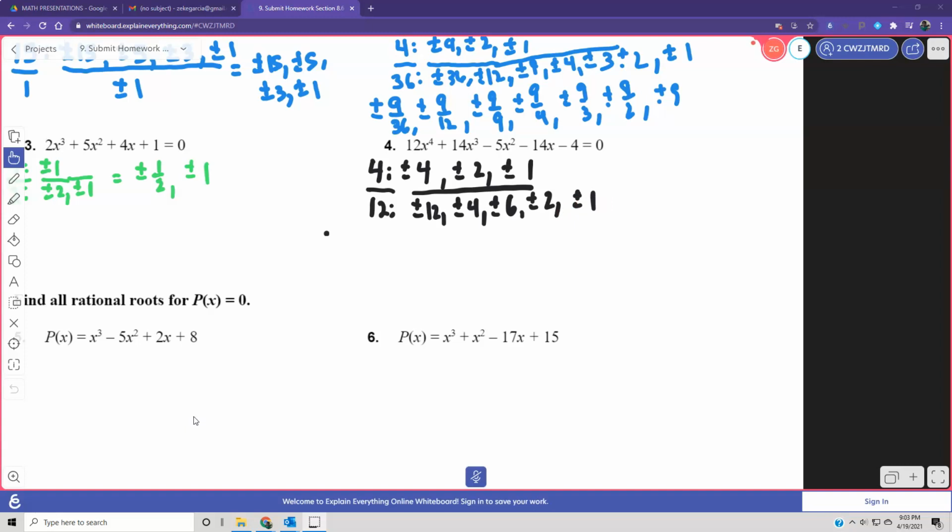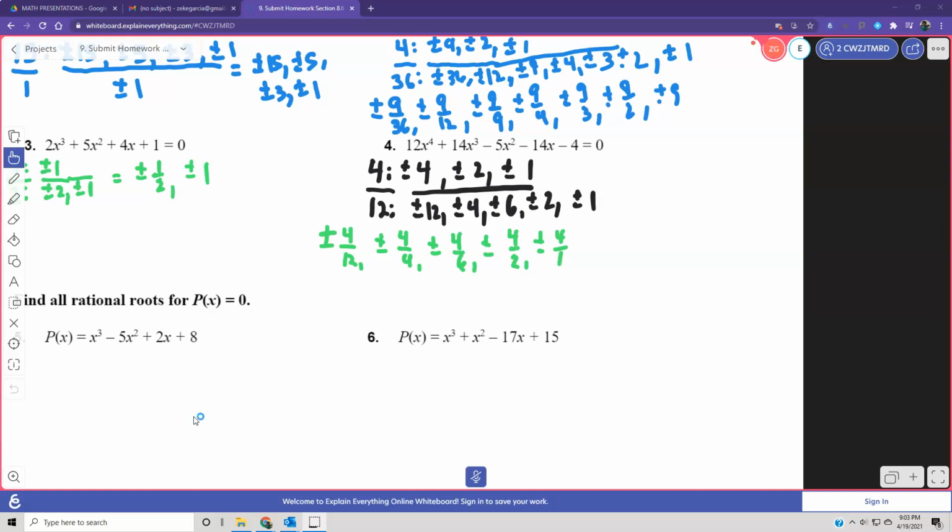So I'm going to list them here. We have plus or minus 4 over 12, plus or minus 4 over 4, plus or minus 4 over 6, plus or minus 4 over 2, plus or minus 4 over 1.